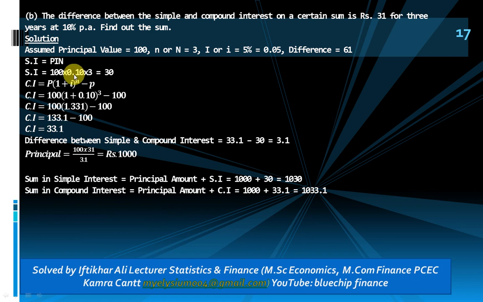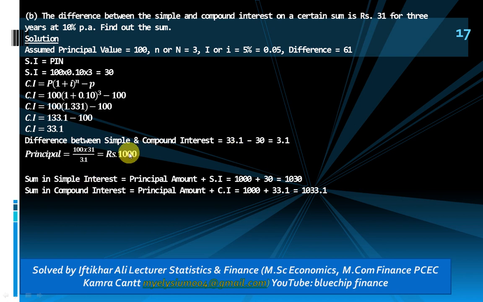Under simple interest it is 30, under compound interest it is 33.1. So what is the difference between these two? 3.1. Now we apply the formula which we already applied in the previous question: 100 multiplied by the difference given in the question, 31, divided by the difference calculated here, 3.1.